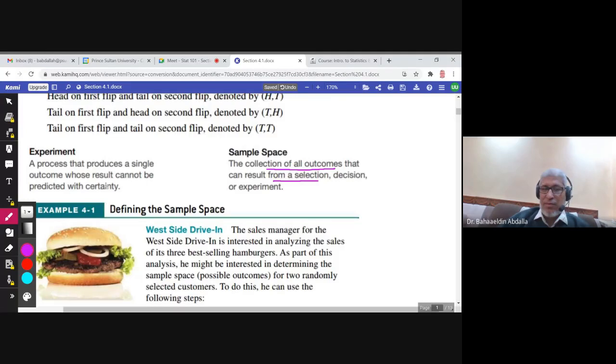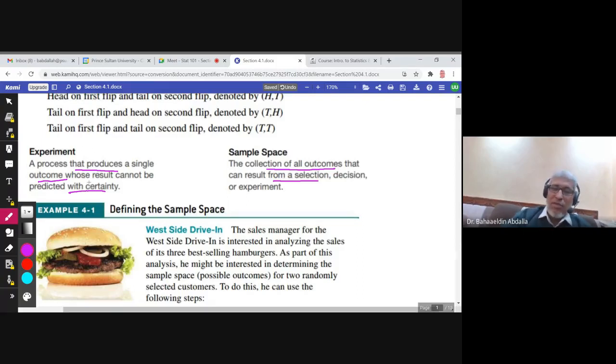And the experiment is the process that produces a single outcome whose result cannot be predicted with certainty. When you flip a coin, you are not certain what you would get. You don't know whether you will get a head or a tail. But you are certain that you have only 2 outcomes, either head or tail.